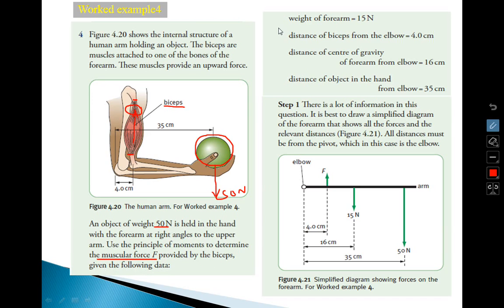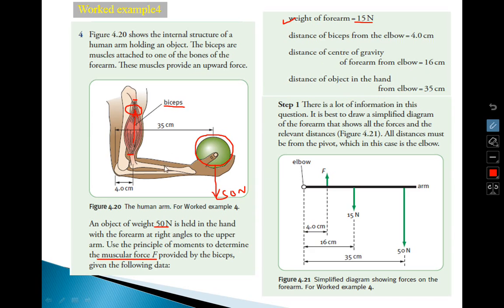What we have here: the weight of the forearm is equal to 15 Newton. The distance of the biceps from the elbow is 4 centimeter. This is the force which we are going to determine, located at a distance of 4 centimeter from where? From the elbow. The distance of the center of gravity of the forearm from the elbow is 16 centimeter.